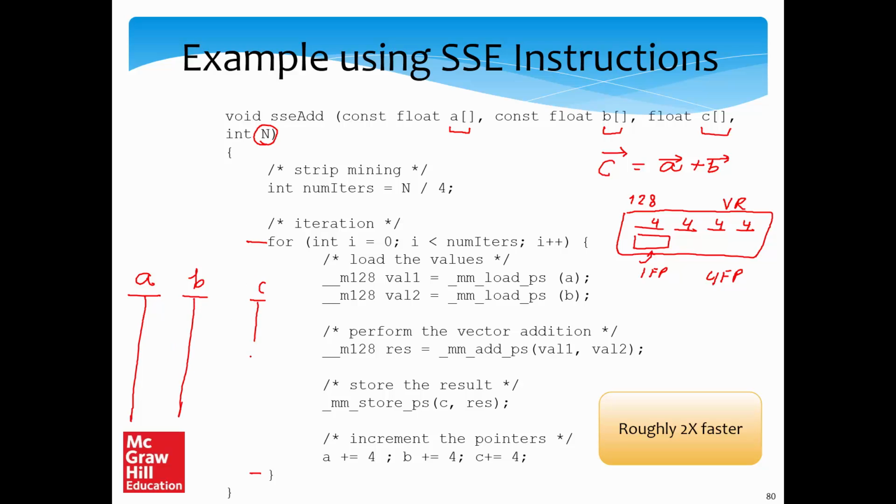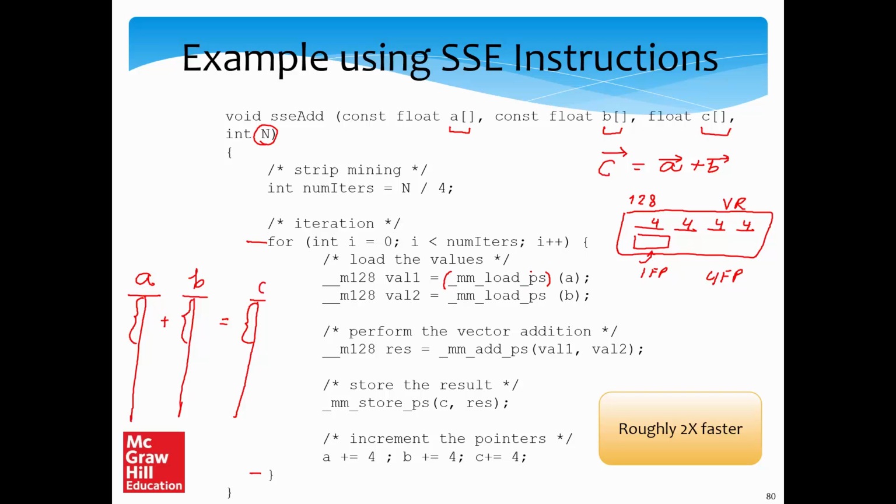And so let us take the first 4 floating point numbers in A, the first 4 floating point numbers in B. Let's add them pairwise, and then let's save the result to the first 16 bytes in C. So the process of loading the values is achieved by calling a built-in function the GCC compiler provides, called _mm_load_ps.